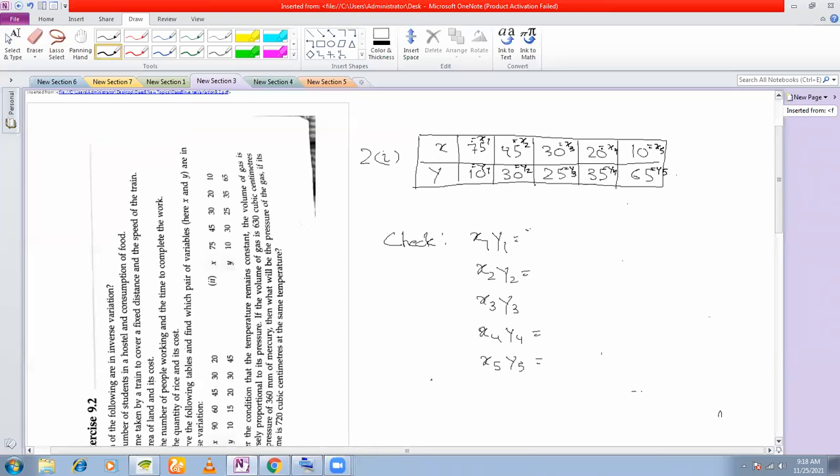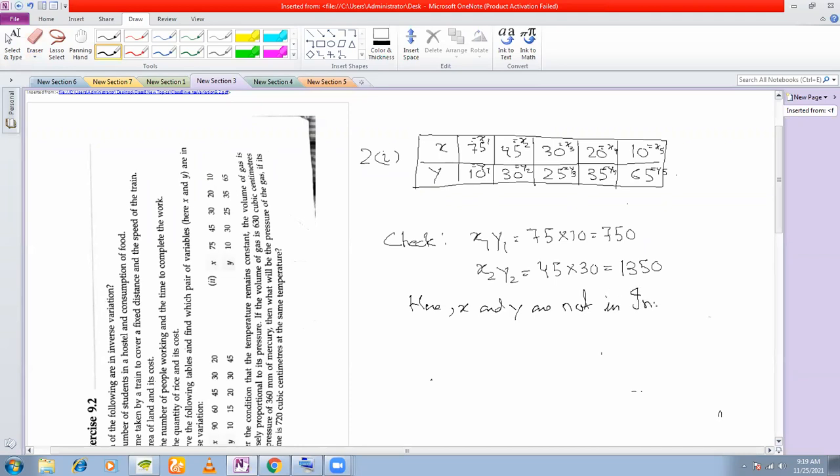Multiply. 75 into 10 will give you 750. 45 into 30 will give you 1350. Once you see that x1 y1 is not equal to x2 y2, you don't have to check for the others. That means here x and y are not in inverse variation, right?